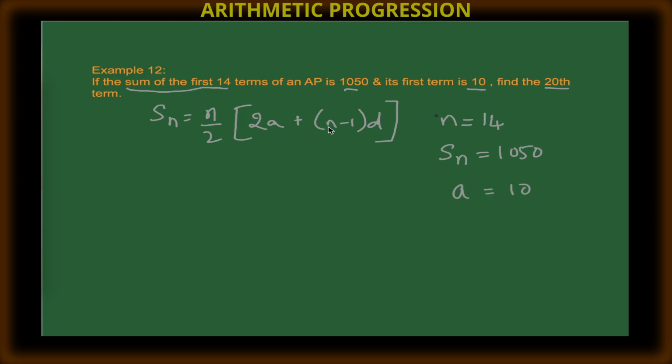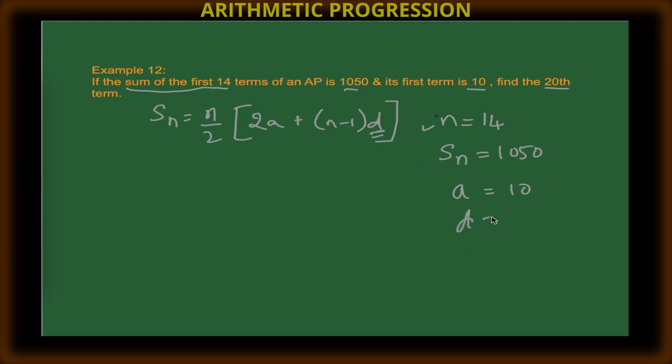Okay, so we have n, and n minus 1. So d is the one unknown variable. Why? Because you need at least 2 to 3 terms to see the difference. Here we don't have the terms, so d is unknown.